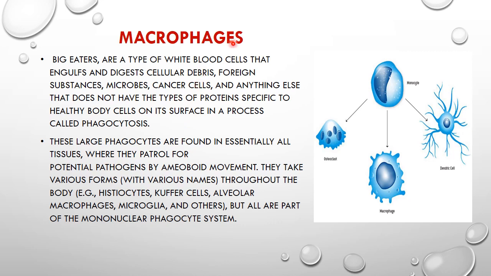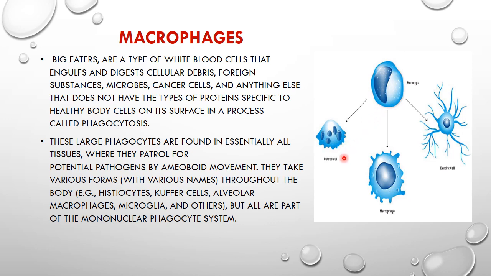Now, another variety of very important cells of the connective tissue are the macrophages. You can see here this macrophage has a single nucleus. These macrophages belong to the mononuclear phagocytic system, that is, they are derived from the blood monocytes, and there are different types of macrophages in the different tissues.